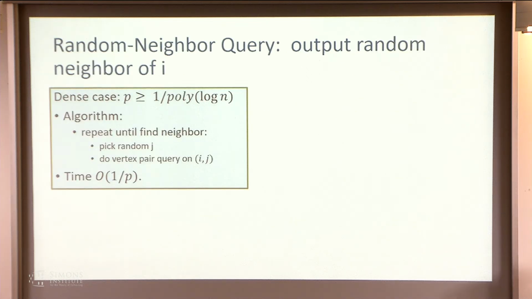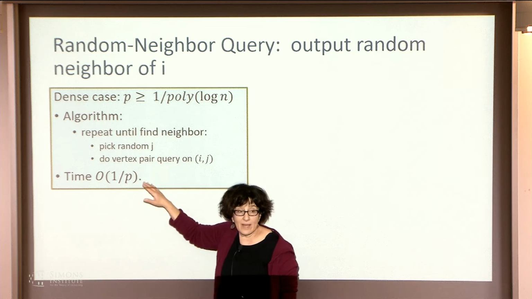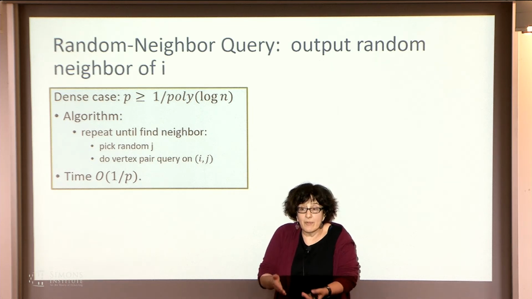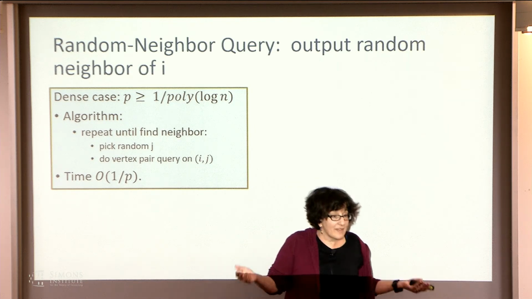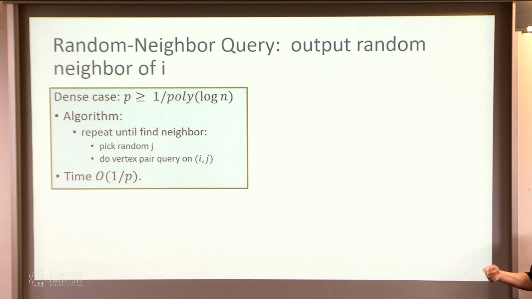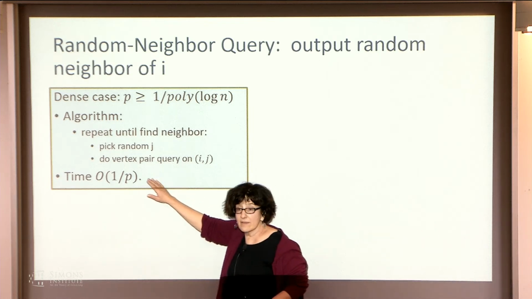All right, so in the dense case, no problem. I want a random neighbor of i, so just pick a random j and see if it's a neighbor. Maybe it was decided already, and if not, I'll toss a new coin. If it's not a neighbor, I'll try again, pick a new random j, until I find one that's a neighbor. If this is dense enough, then the time is going to be pretty quick.